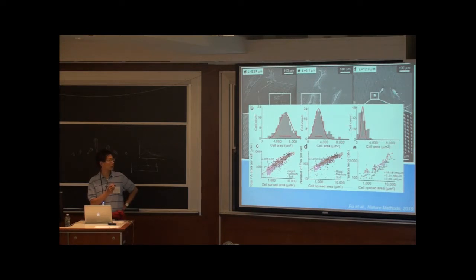And the reason I say stiffness wasn't really the driver here is that you would have some cells sitting on this surface that were less spread, right? And some cells over here that were more spread. And those that were more spread had more adhesions, and those that were less spread had fewer adhesions.